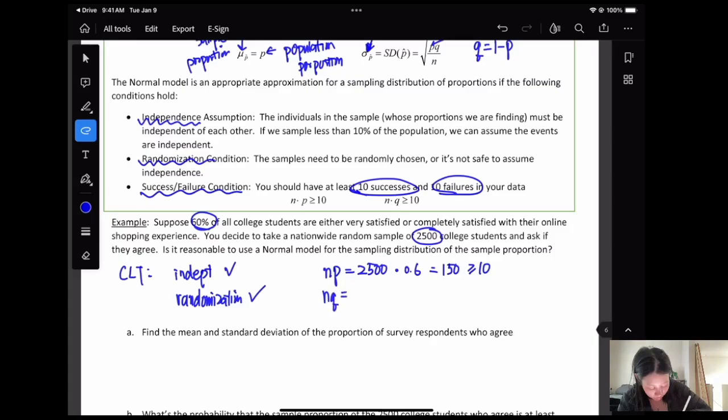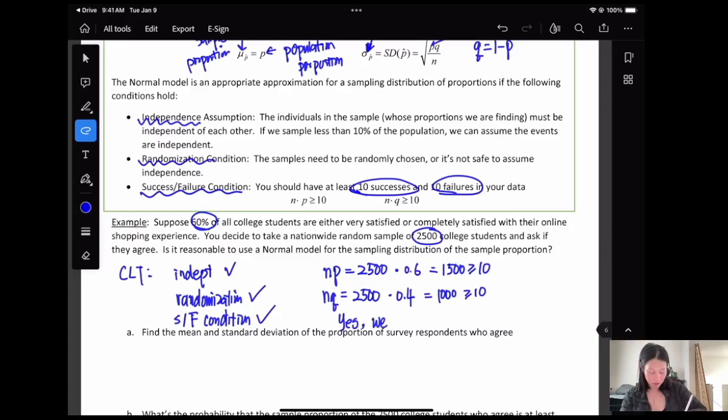Now the failure: 2,500 times 0.4, because q is equal to 1 minus p. This is equal to 1,000, sorry, I calculated that wrong earlier. So it's greater than 10, which means the success and failure condition is met. So the central limit theorem is met, and we can apply the normal model for the sampling distribution of the sample proportion.